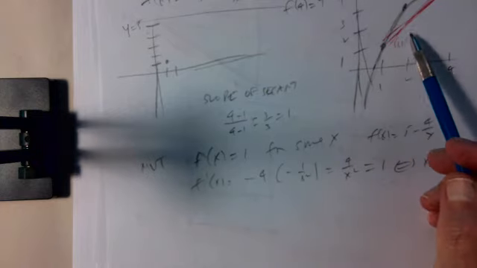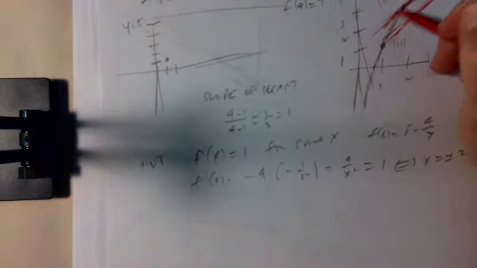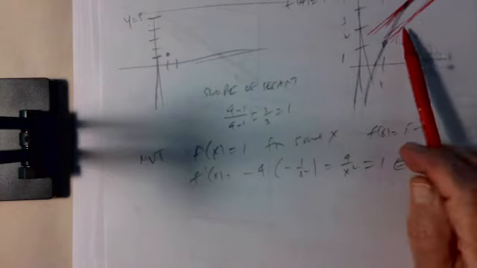So the value of 2 is between 1 and 4. This is the point, and the tangent line there has slope 1. So by the mean value theorem, there's some point between 1 and 4 where the tangent to the curve is parallel to the secant line, has slope 1, and we just found it.